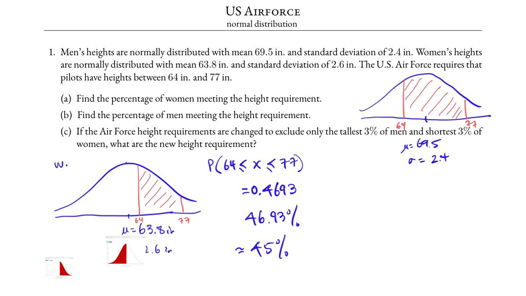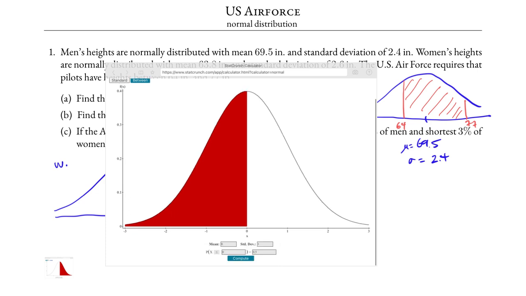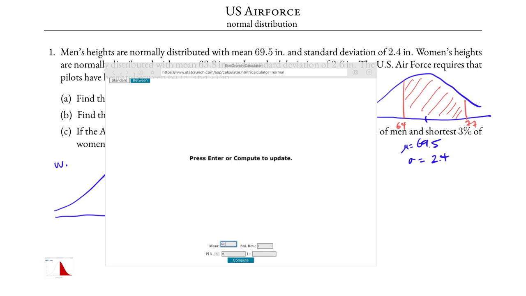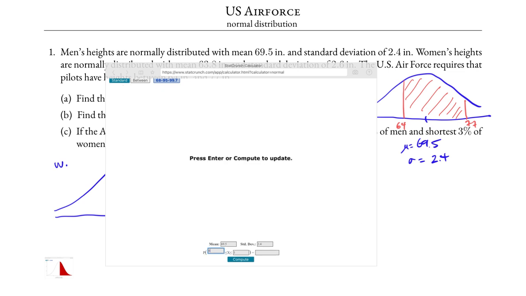Again, there are two values in this probability, so we would need to choose the feature between in the upper left corner. Input the mean. This time, the mean is 69.5, and the standard deviation is 2.4. Clear the box if there is anything in the boxes. The lower range is still 64 and the upper is still 77, and then we hit compute.